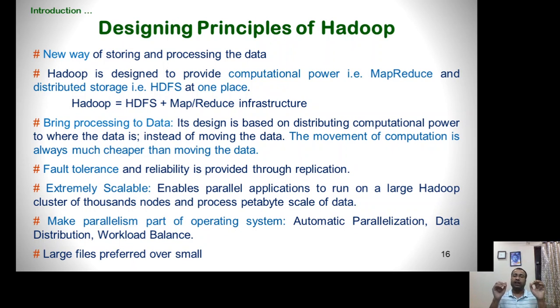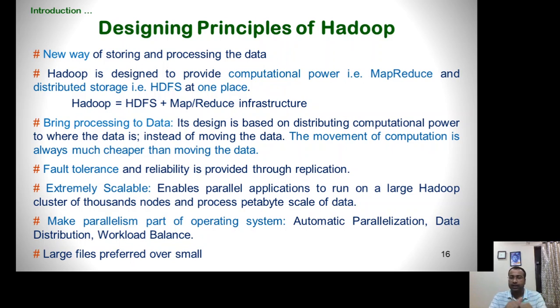Now, as I have discussed in the previous lecture, the problem with a storage system is that it can handle huge volumes of data, but it doesn't have analytical power. And the traditional analytical tools can process data, but they can only process limited volumes of data.